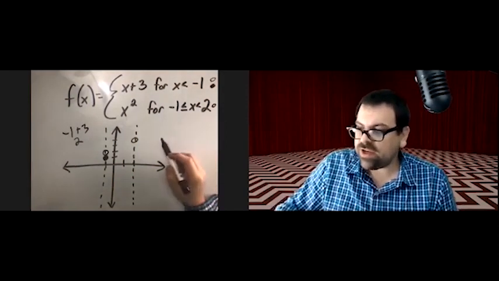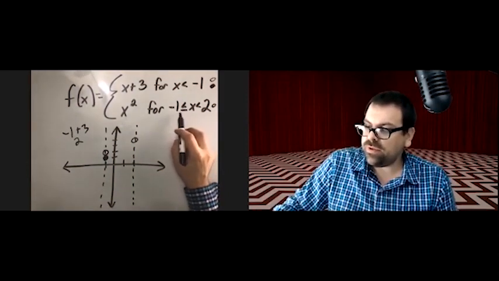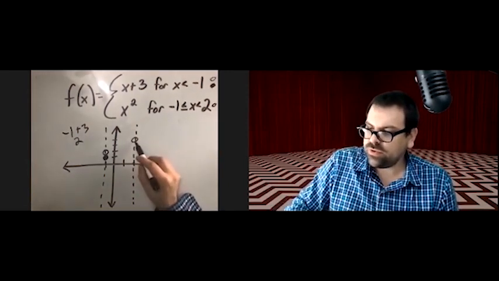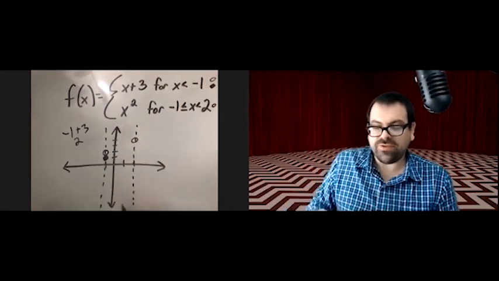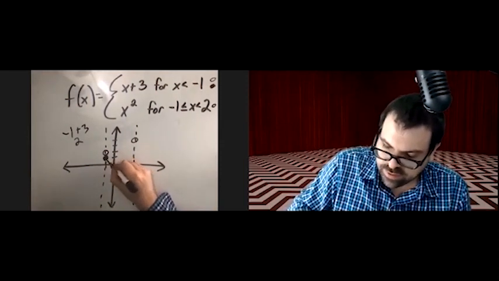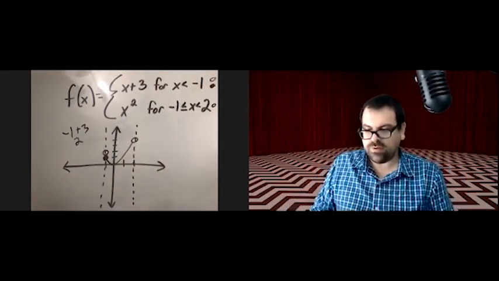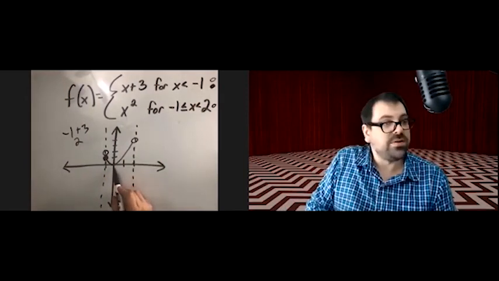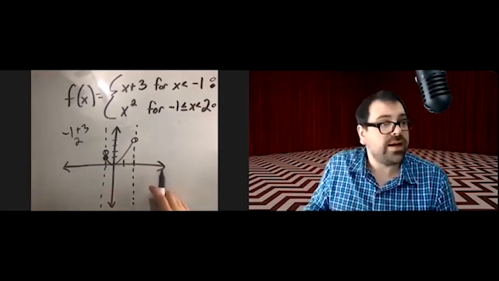Now, in between is fun. We're going to connect from the closed circle at 1 to the open circle at 2. And the graph is x squared. We know this graph. Point at 0, 0 because it's not moved up, down, left, right any.